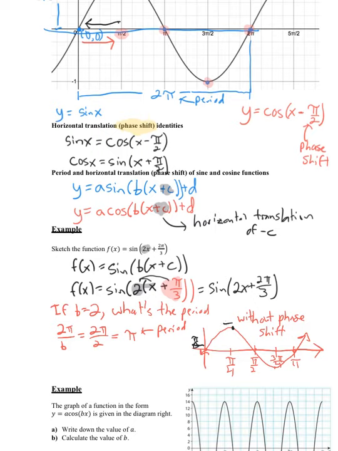Move that point, pi over 3. Move that point, pi over 3. Move that point, pi over 3 to the left. And then finally the last one, pi over 3. Well, the 0 is going to be easy, because if I'm moving the 0 over, that's just going to start at negative pi over 3. That's the easiest one. The next ones are not going to be as easy.